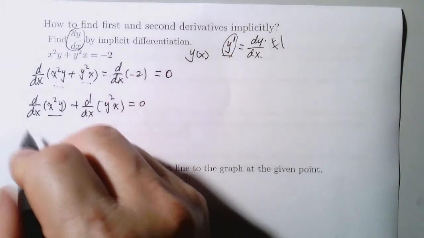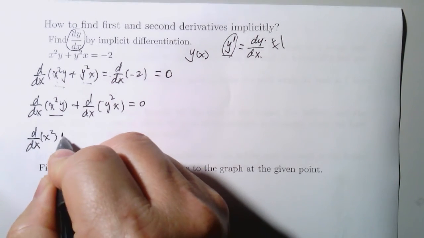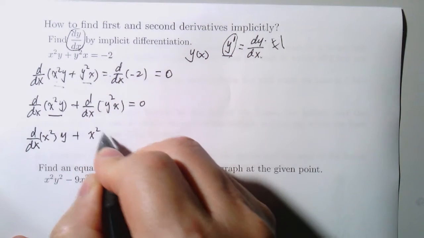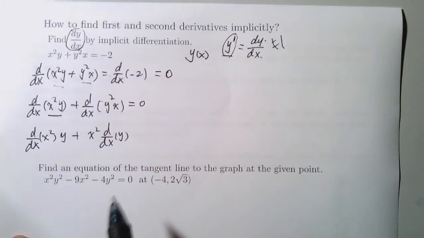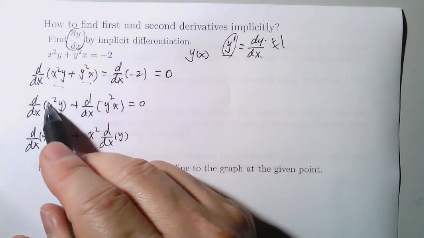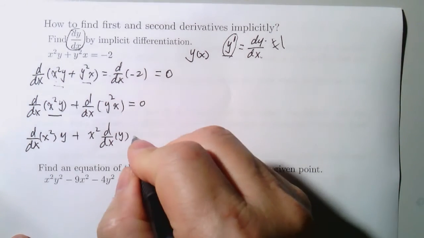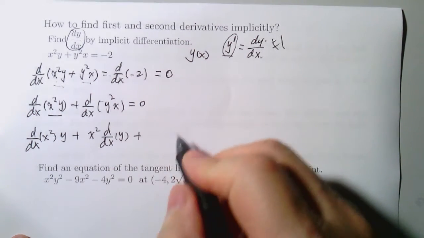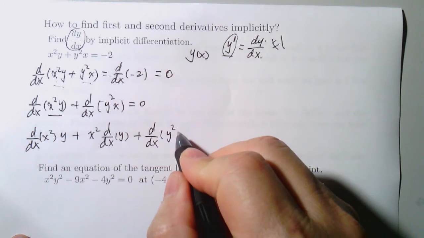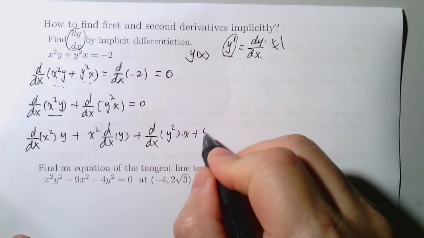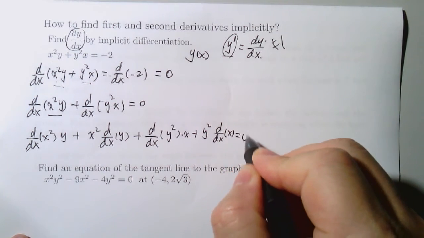Here we have the derivative of x squared times y plus x squared times the derivative of y, and that's the first term's derivative according to the product rule. For the second term, y squared x, the derivative is the derivative of y squared times x plus y squared times the derivative of x, equal to 0.